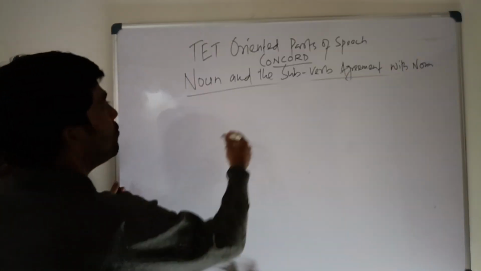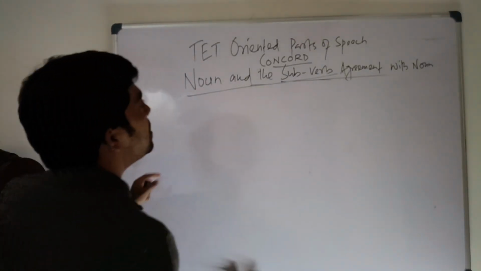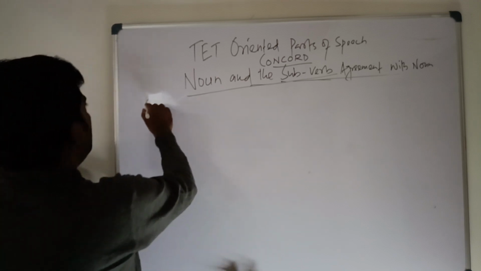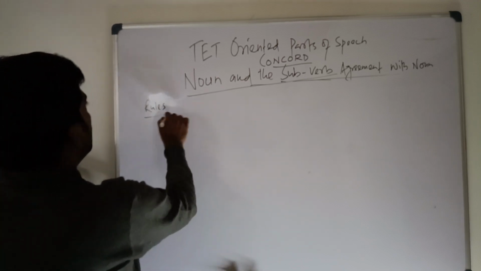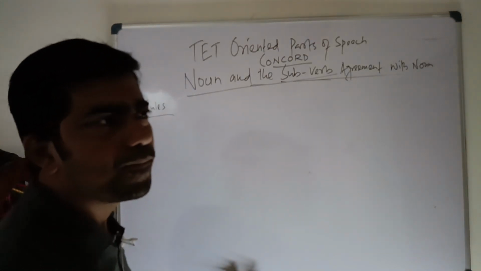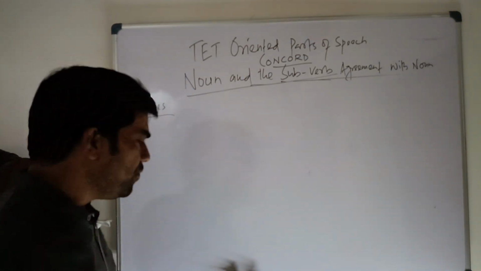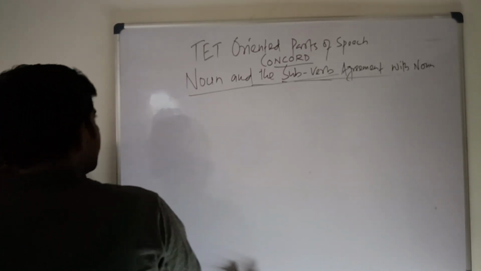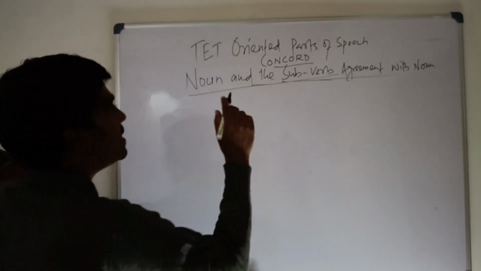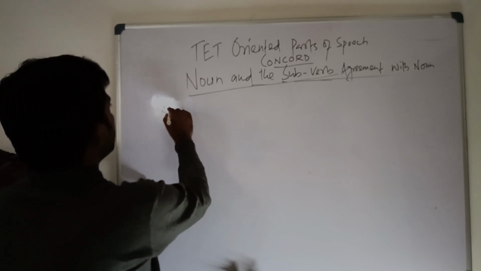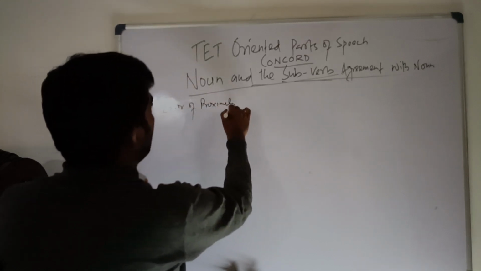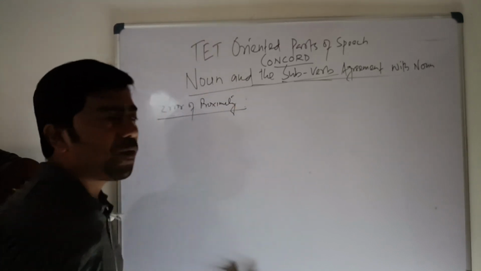All right. So if we consider the subject-verb agreement with noun, there are several rules. Rules 1. Before we come into the subject-verb agreement, there is one term, error of proximity. What is called error of proximity?